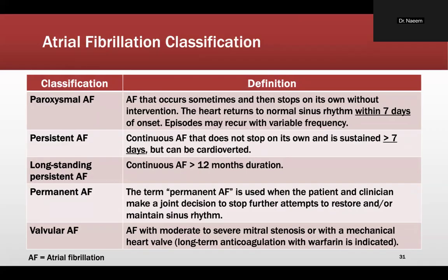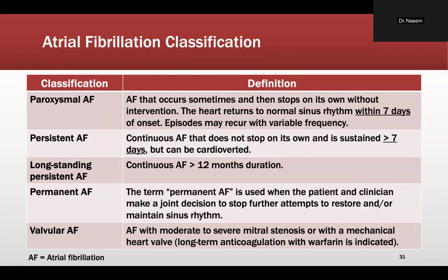The heart returns to normal sinus rhythm within 7 days of onset, and the episodes may recur with variable frequency. Persistent AFib does not stop on its own and is sustained greater than 7 days, but can be cardioverted. Long-standing persistent AFib is one that is greater than 12 months.